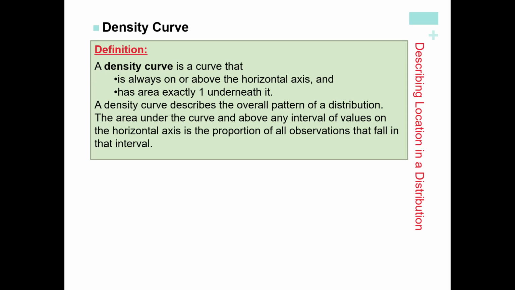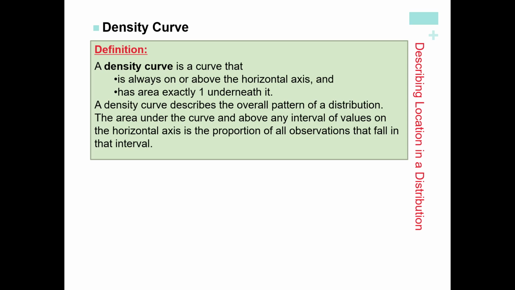So a density curve really is describing the overall pattern of a distribution. It's much like the histogram in that it shows kind of all the possible values in a distribution and how likely each value is. The area under the curve and above any interval of values on the horizontal axis is the proportion of all observations that fall in that interval.